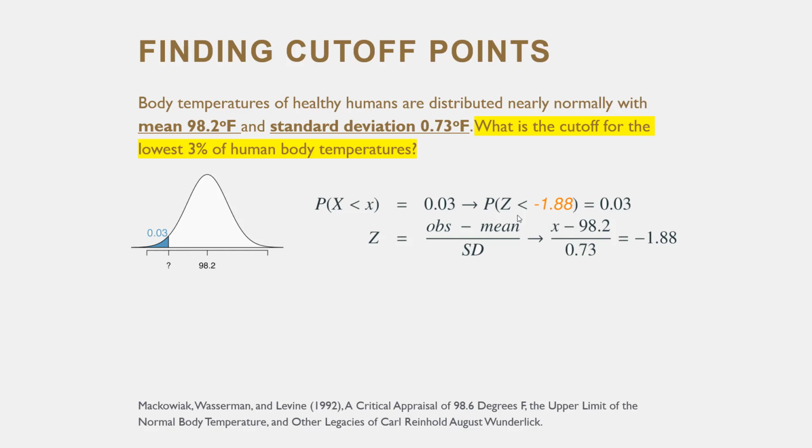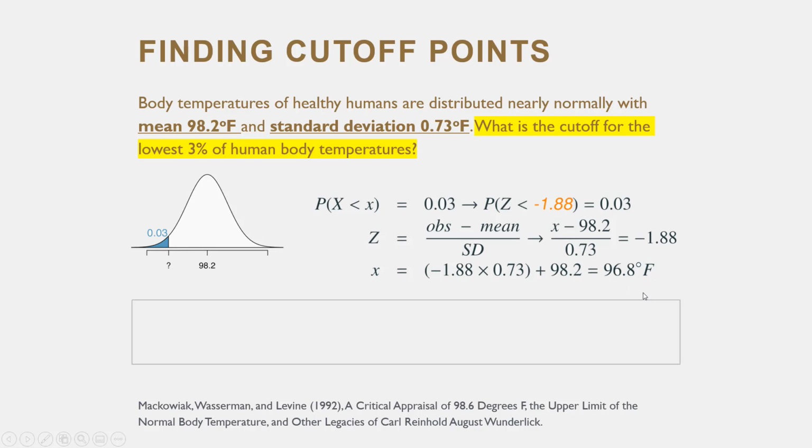Once I find that, minus 1.88, then I can go backwards and come from z to X, because that's my variable of interest. So my X will be 96.8 Fahrenheit.